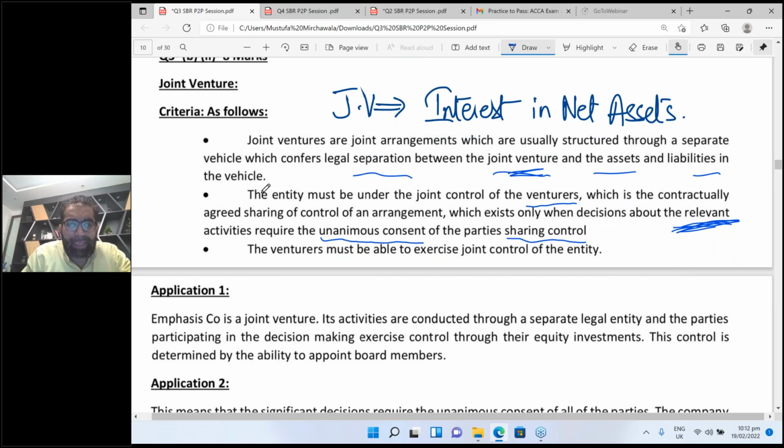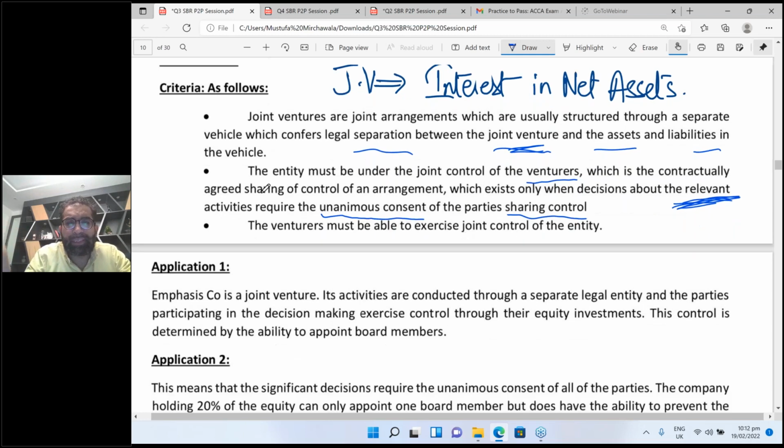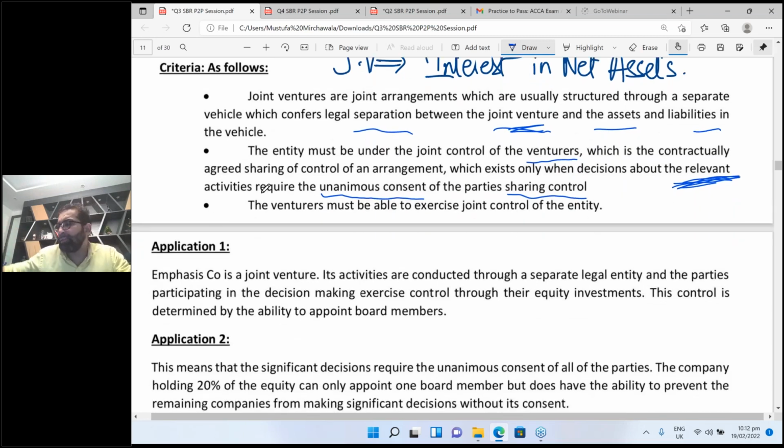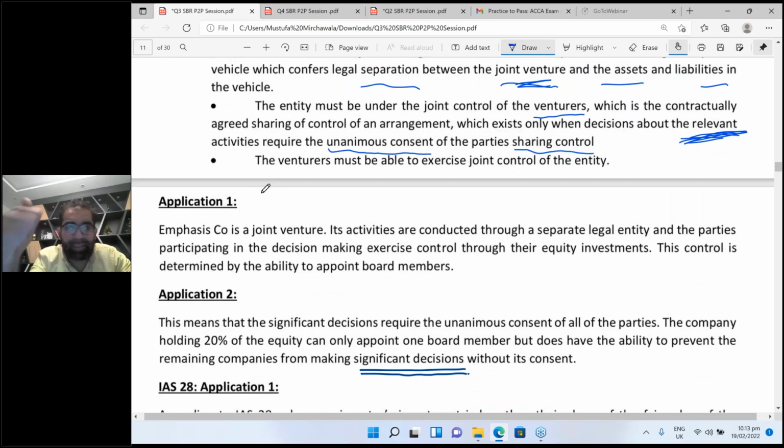Now let's simply do the application, giving you just 30 seconds to read these 3 points again. Now, application number 1. Emphasis company is a joint venture. Its activities are conducted through a separate legal entity.